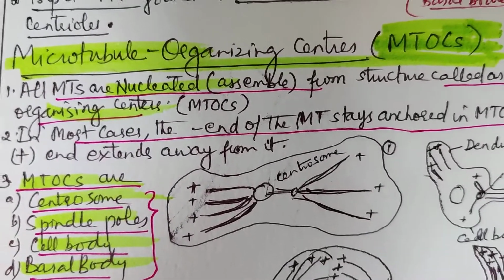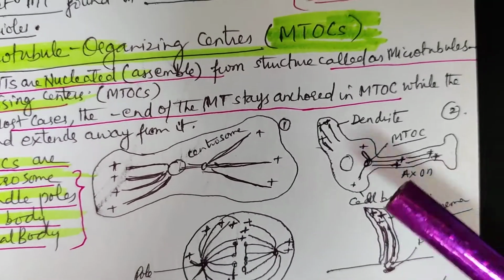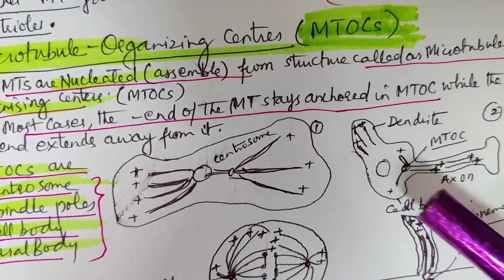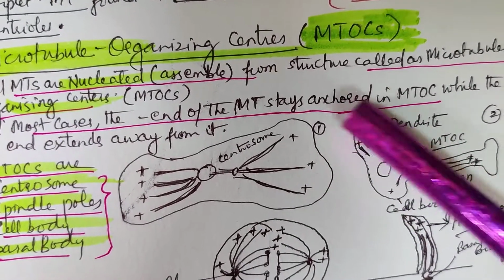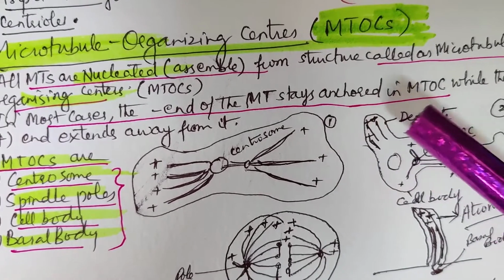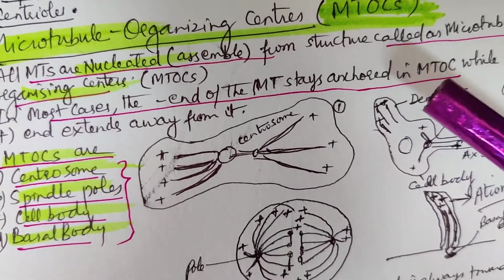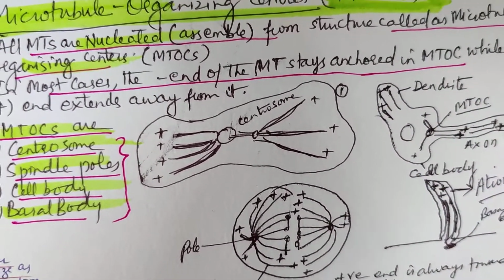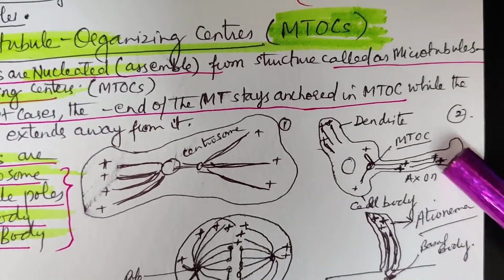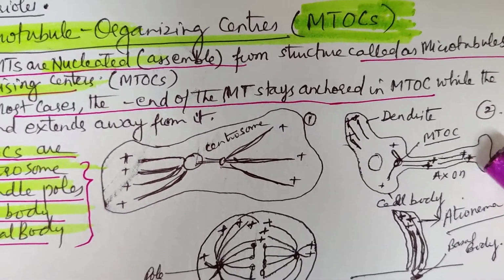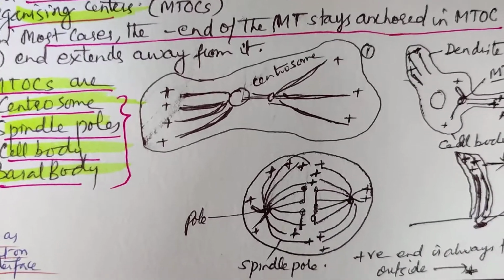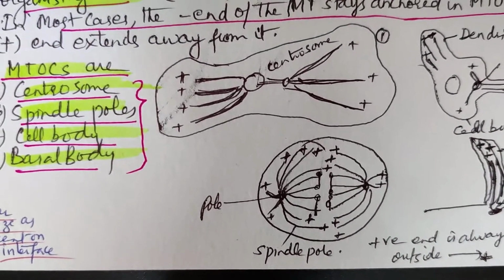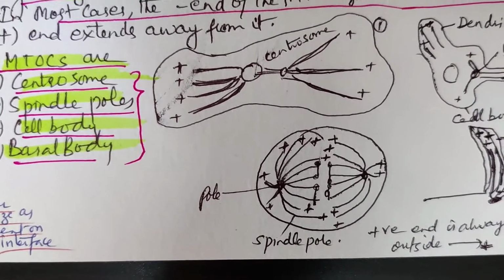Dendrite of the nerve or neuron. Dendrites have an MTOC here, and in the dendritic region, the ends where they accept the impulse are positively charged. And at the end of the axon also, where the nerve fibers end, there are positive ends as well. This is the axoneme and basal body.